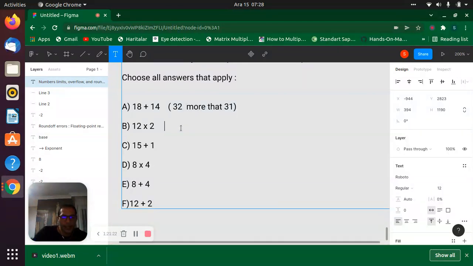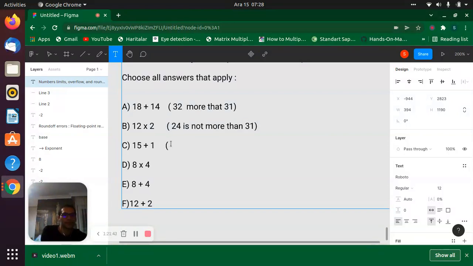Other one, look at that. It's 24. It's not more than 31. What do you think? Is there any overflow?